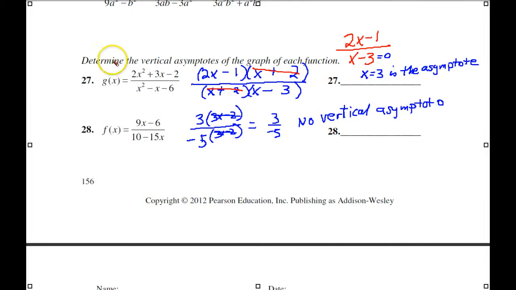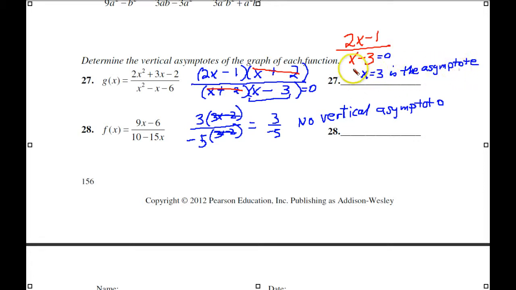Here it's to determine the vertical asymptote of the graph of each function. We factor it, and these cancel out here. And to find the vertical asymptote, we take what is in the denominator, set it equal to 0, and we find that x is 3. That is your vertical asymptote.